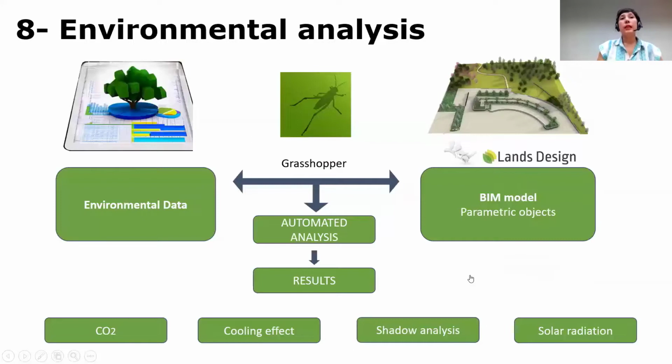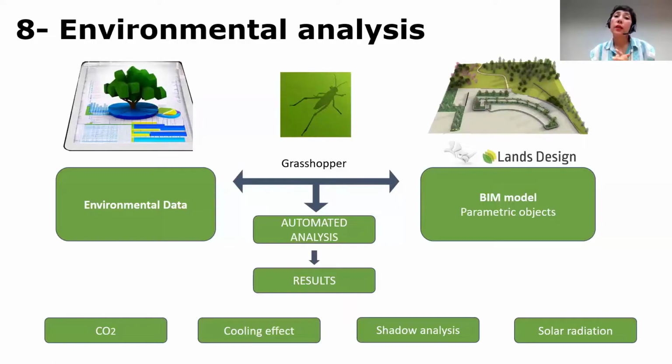Another feature is that we have environmental analysis possibility in Lands Design. So we connect environmental data through Grasshopper to a Lands Design project. Once we connect that, we can do automated analysis and finally get some results. Right now, we have announced and published the possibility to calculate the CO2 sequestration, that is the volume of CO2 which is going to get absorbed by plants of a landscape project when you model it in Lands Design.